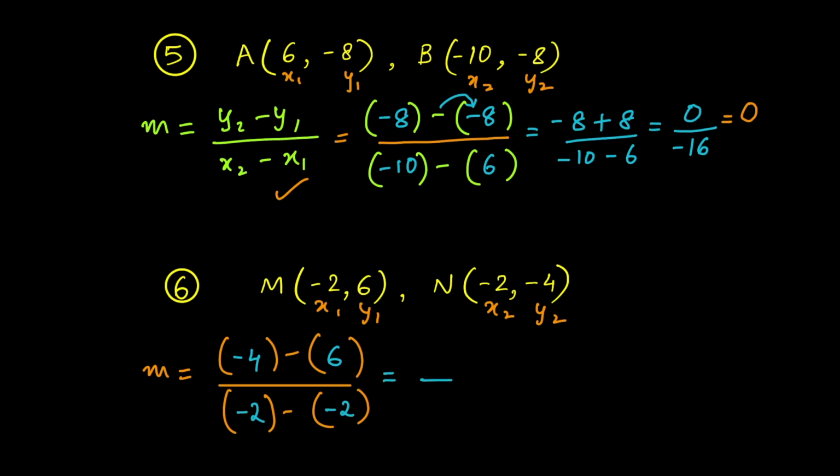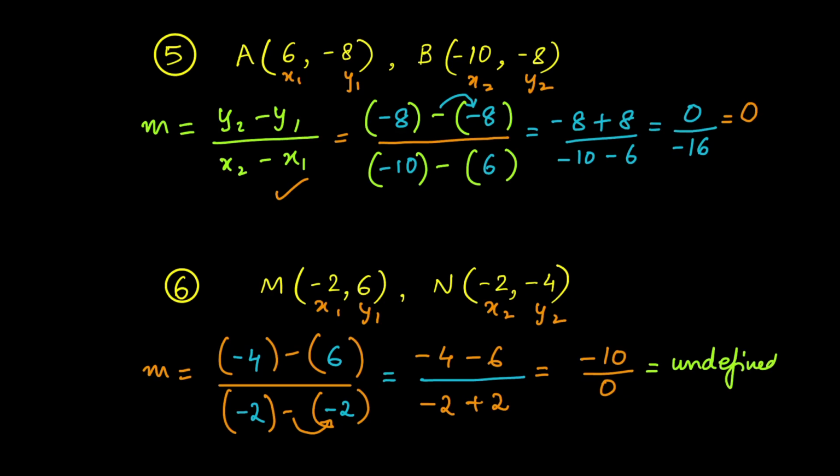So when we calculate this, it is minus 4 minus 6 over minus 2 minus minus 2, which becomes plus 2. So it is minus 10 over 0. So as we already did, whenever we have 0 at the bottom and a non-zero number on the top, this will be written as undefined. So the slope is undefined for this.